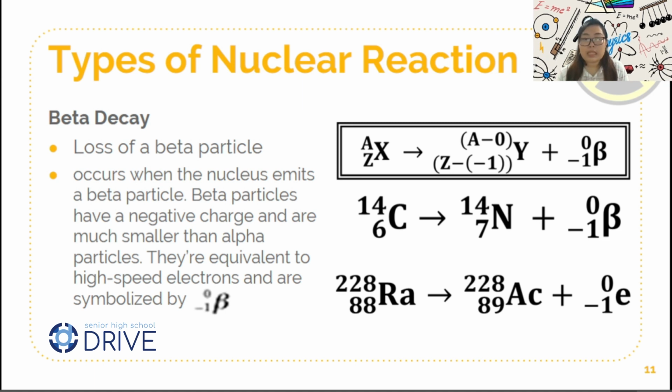Radon-228 becomes actinium-228 with the release of a beta particle. Okay? So, actually, either of these two are the symbols of a beta particle. Alright? But for your understanding, you may use the beta symbol for beta decay.